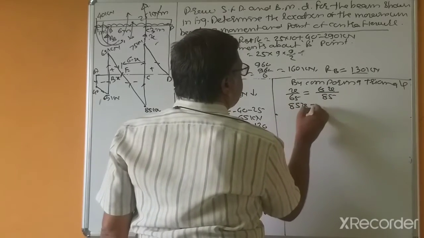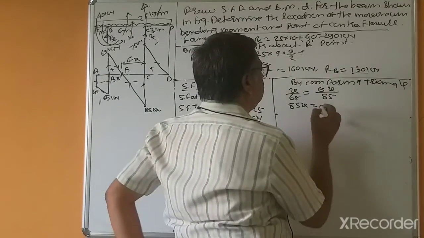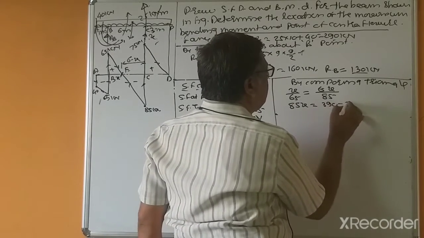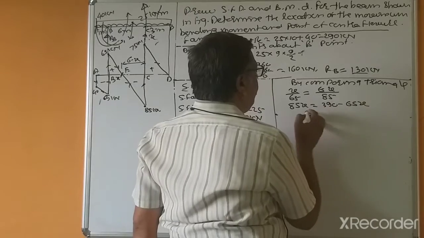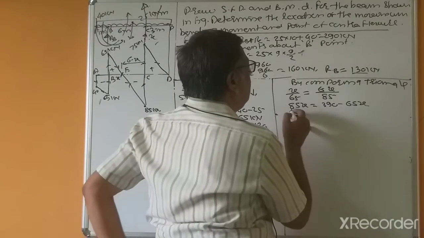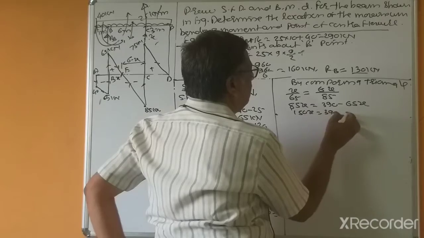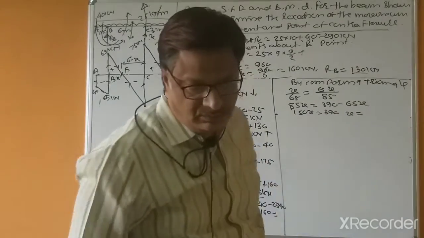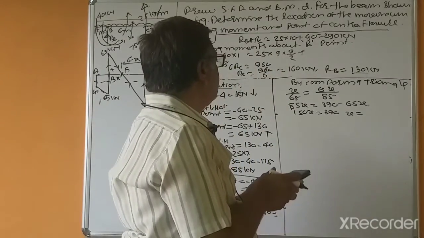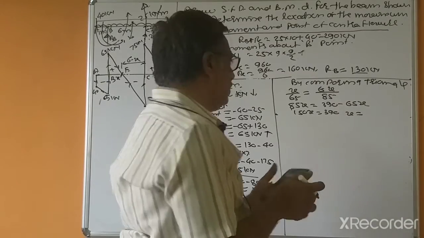So 85X equal to 65 into 6, which is 390 minus 65X, so 150X equal to 390, or X equal to 390 divided by 150, 2.6 meter.